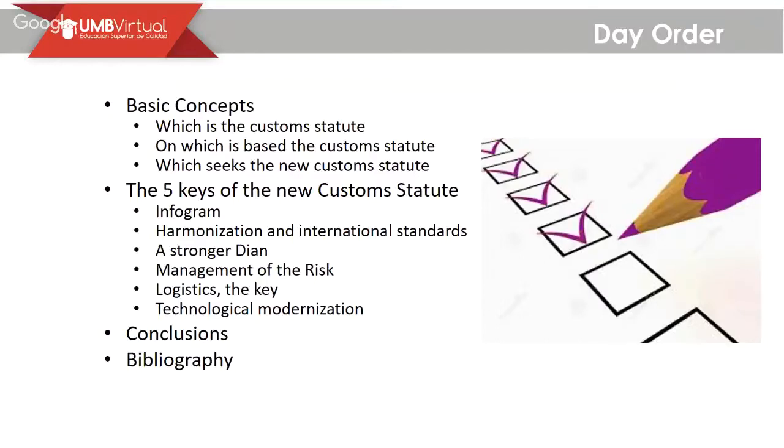The five keys are harmonization and international standards, a stronger DIAN, management of the risk, logistics, and finally technological modernization. Then we are going to see the conclusions and the bibliography in order to see what documents were checked to make this presentation.